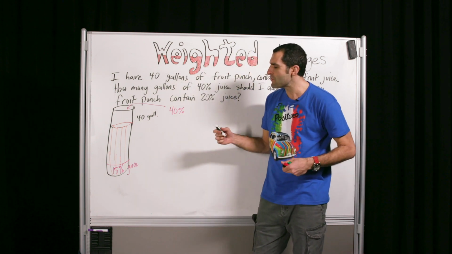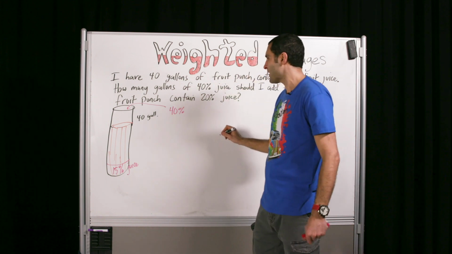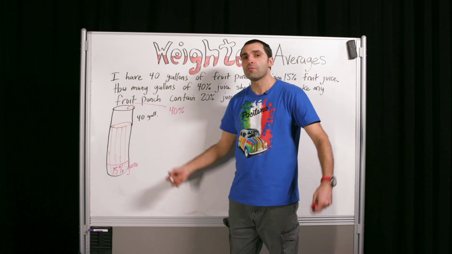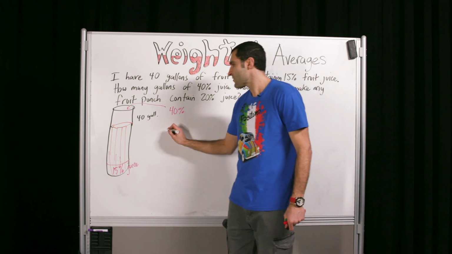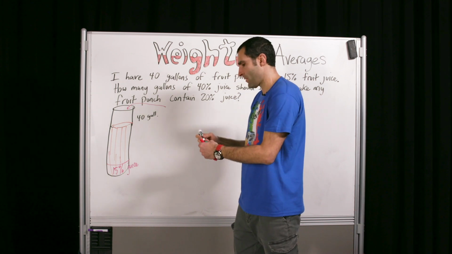What we need to do is create some sort of ratio. The ratio essentially is the amount of juice relative to the total punch. So let's try that. Let me move this over here. So 40% is going in.